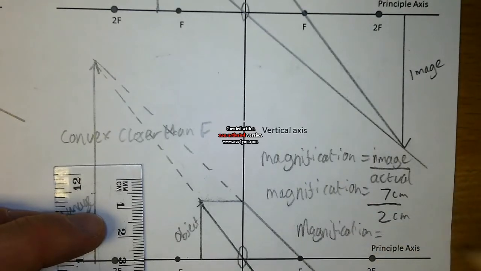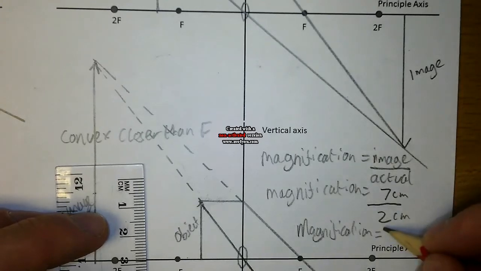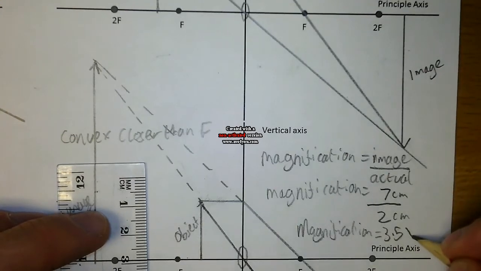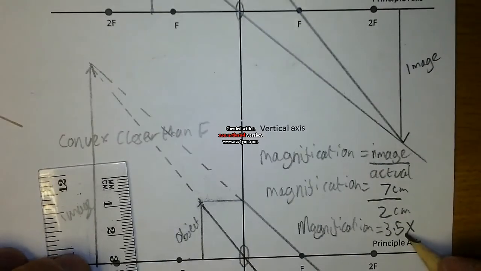If you actually divide those, it gives us 3.5. Just check. Yeah, 3.5. So it's magnified by 3.5 times.